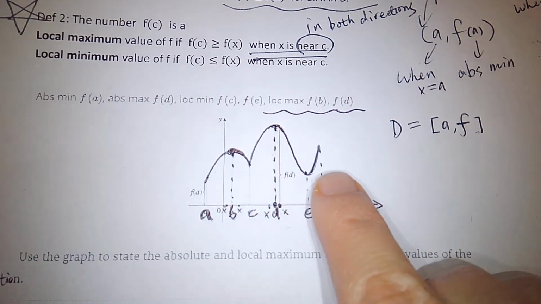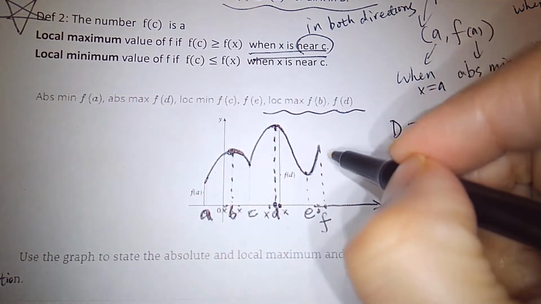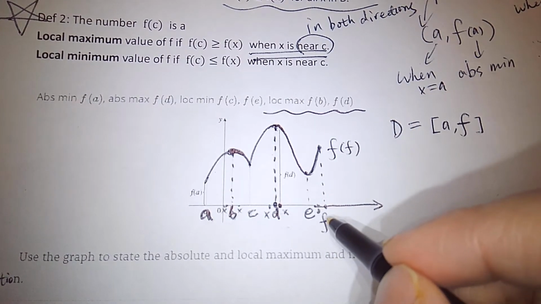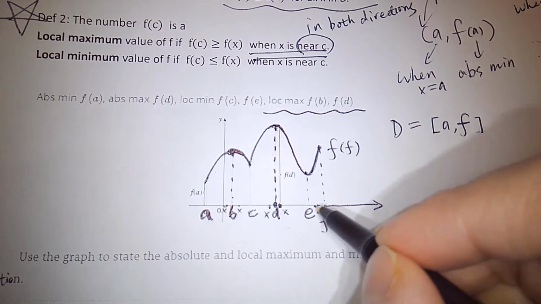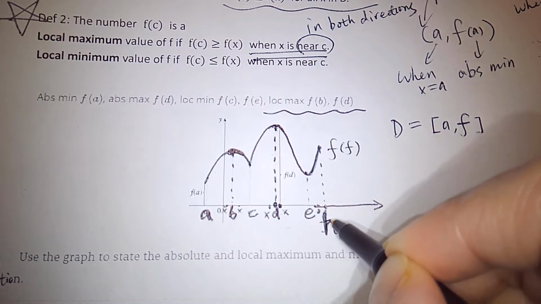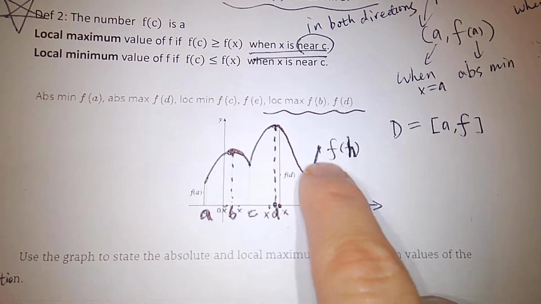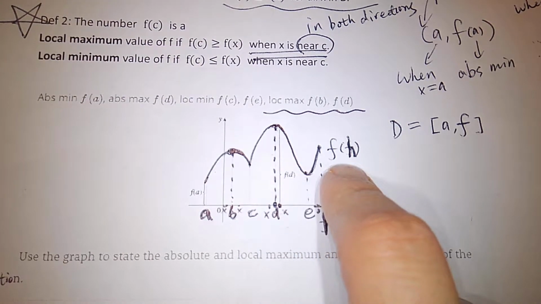Can we say f of F is also a local maximum? Well, let me change to a different letter, because you don't want to use F and F. This E, and I would say H. So can we say f of H is also a local maximum?